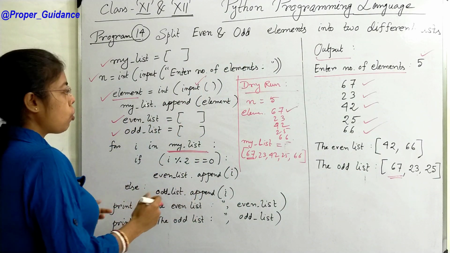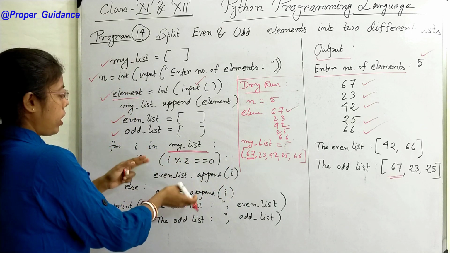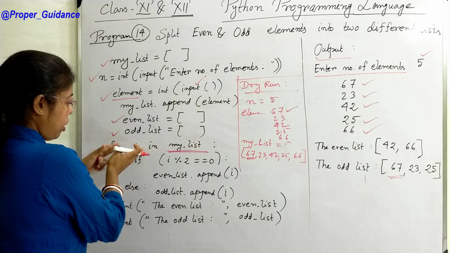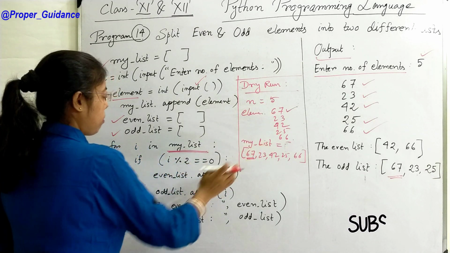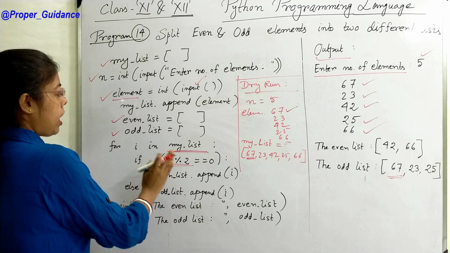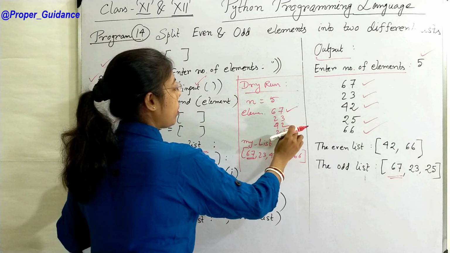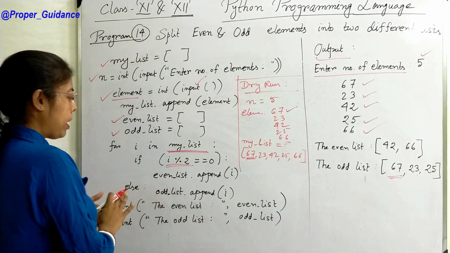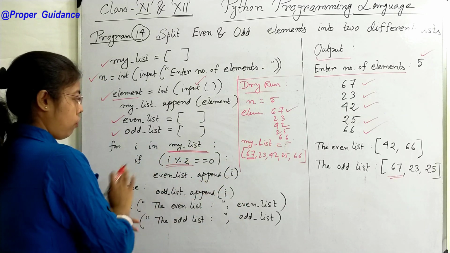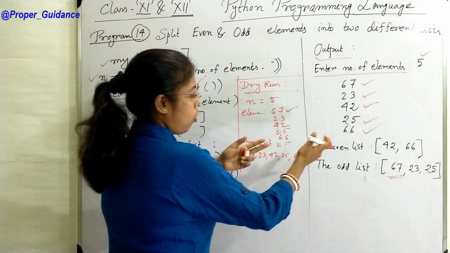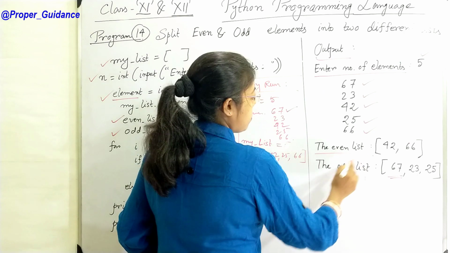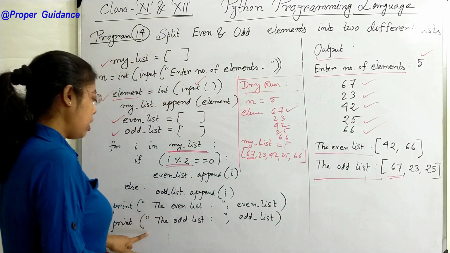Like this, all the elements are checked by taking the modulus. The index changes 0, 1, 2, 3, 4, and the numbers are checked whether they are divisible by 2 or not. If divisible, the even list is filled, and if not divisible by 2, the odd list is filled. This way, we get the two lists, the even list and the odd list.